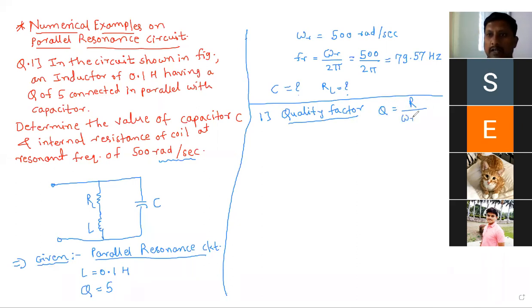So Q is known, omega R is known, L is known, so you can easily find out R, which means RL. RL is equal to Q into omega R into L. So you can put all those values: 5 into omega R is 500 into L is 0.1. So calculate and tell.